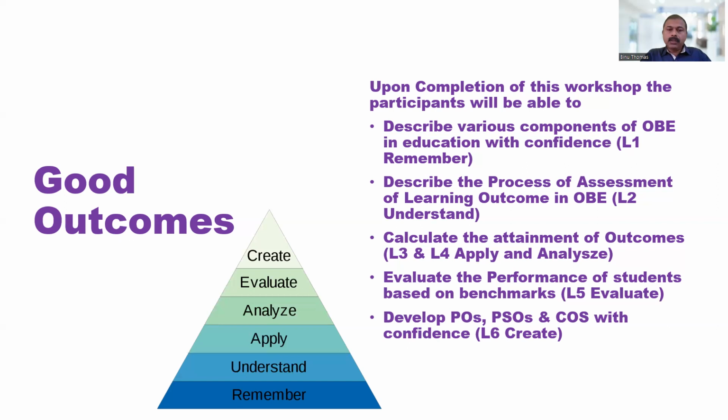Looking at these course outcomes, this is the right way of defining learning outcomes. It is measurable, and you will be able to demonstrate these outcomes after completion. It also clearly defines at what level of Bloom's taxonomy these outcomes are reaching.